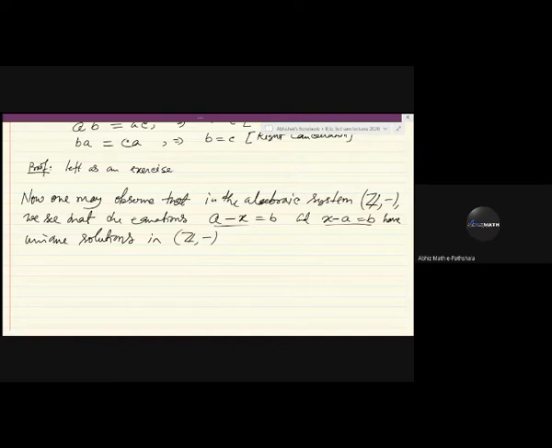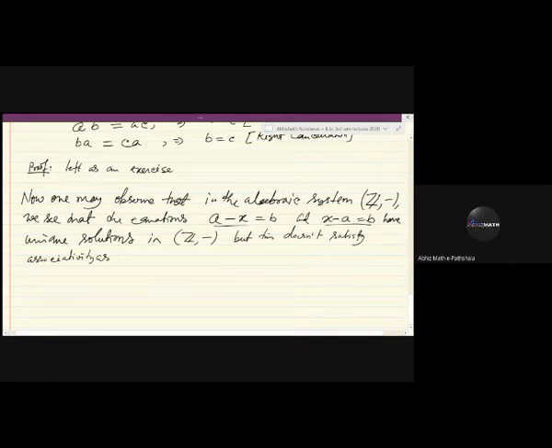But this doesn't satisfy associativity, right?